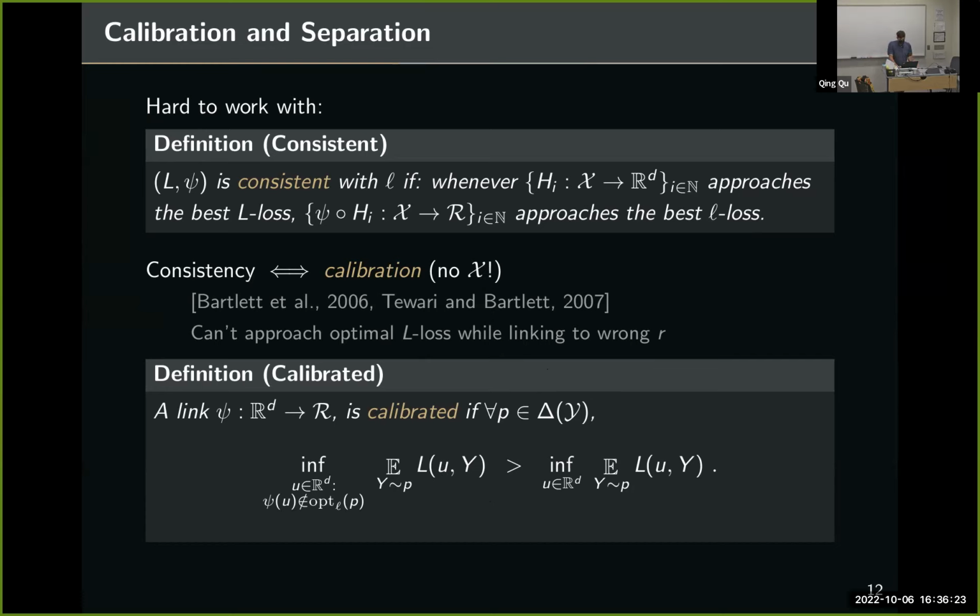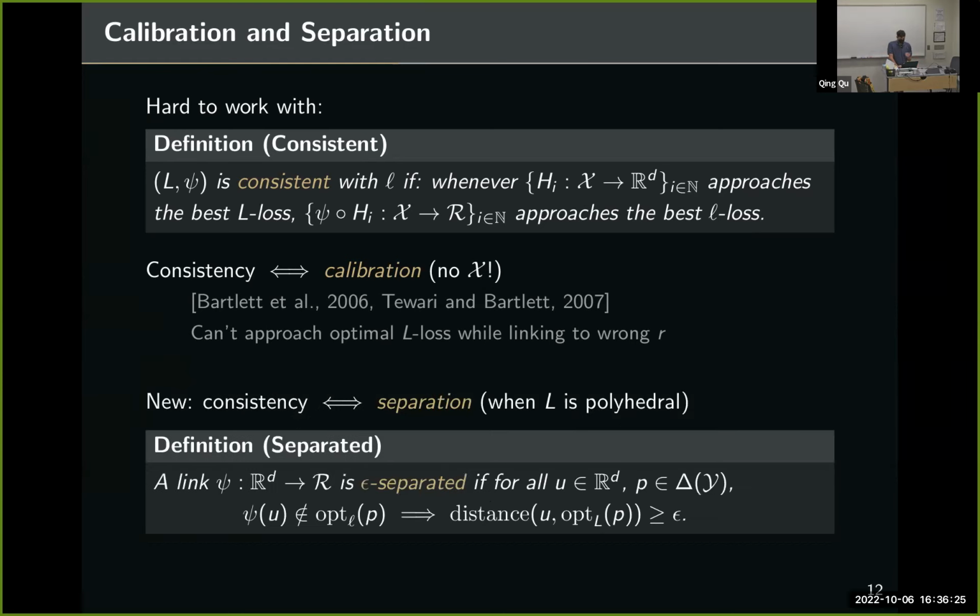It turns out this is equivalent to consistency under some assumptions. And when L is a polyhedral loss, you can even reduce this further to something called separation, which is a similar condition: if your report U is linking to something that's not optimal, then it must be at least epsilon far from the points that are optimal for the surrogate.